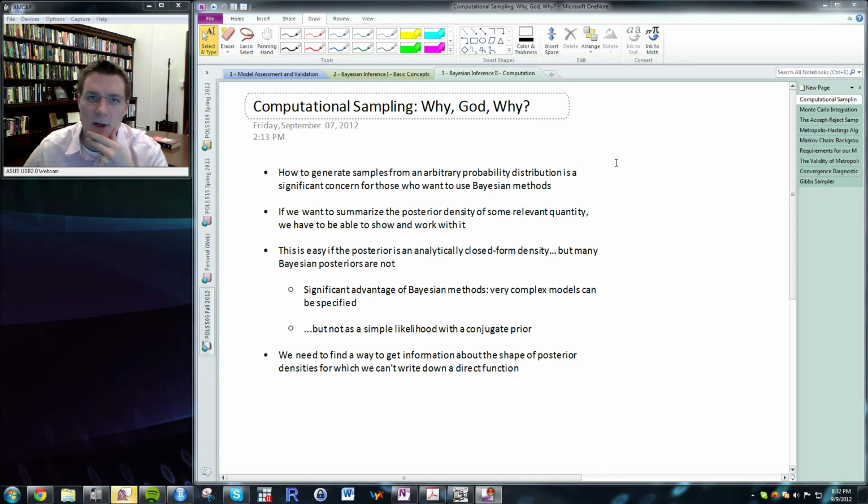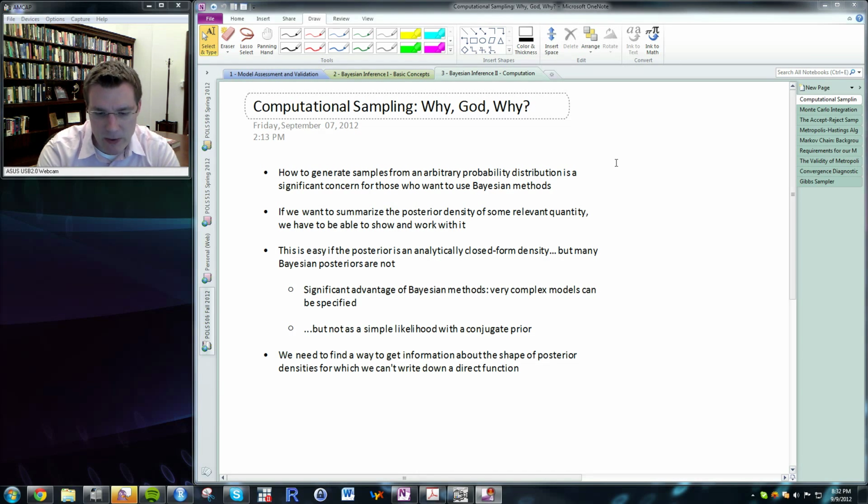Today we're going to talk about methods for computational sampling, which gets at an issue that we started to touch on last week when we began talking about Bayesian inference. Bayesian inference works primarily with posterior distributions.